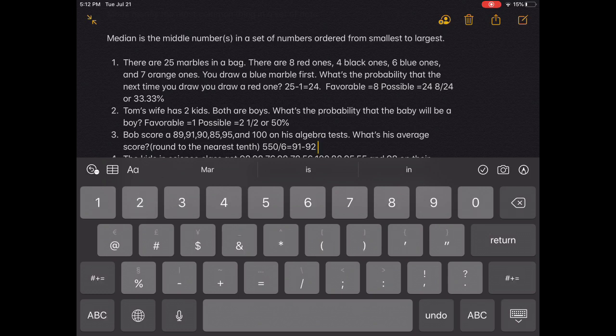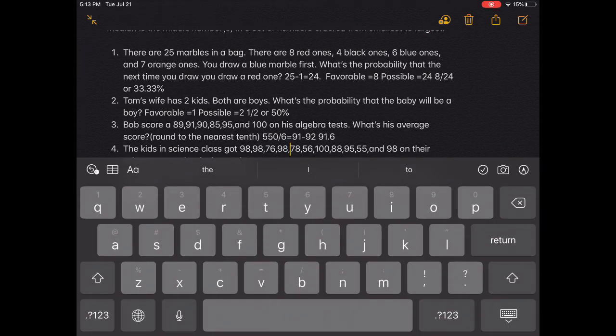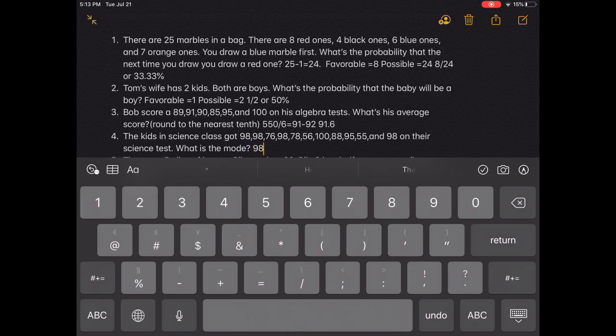So if you add them all together, you'll find that it's 550. And then there are 6 of them, so you have to divide them by 6. So you'll find that that's between 91 and 92, and if you do that more in depth, because it says round to the nearest tenth, you'll find 91.6.